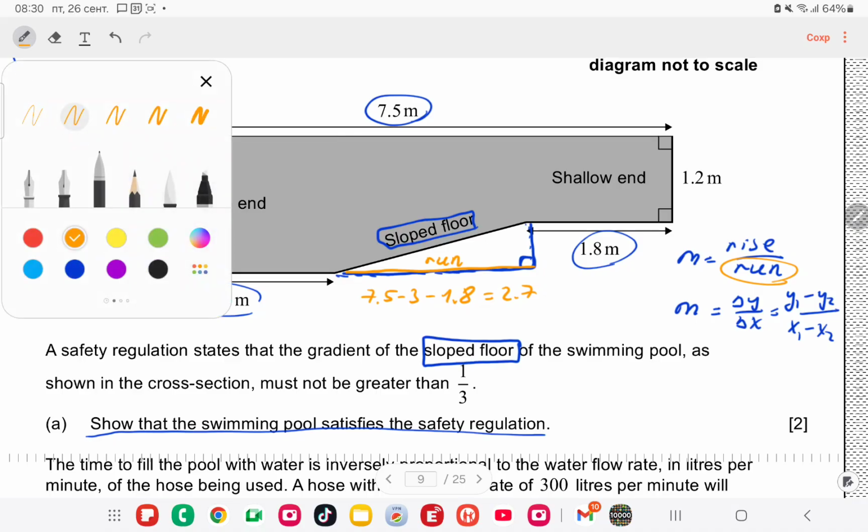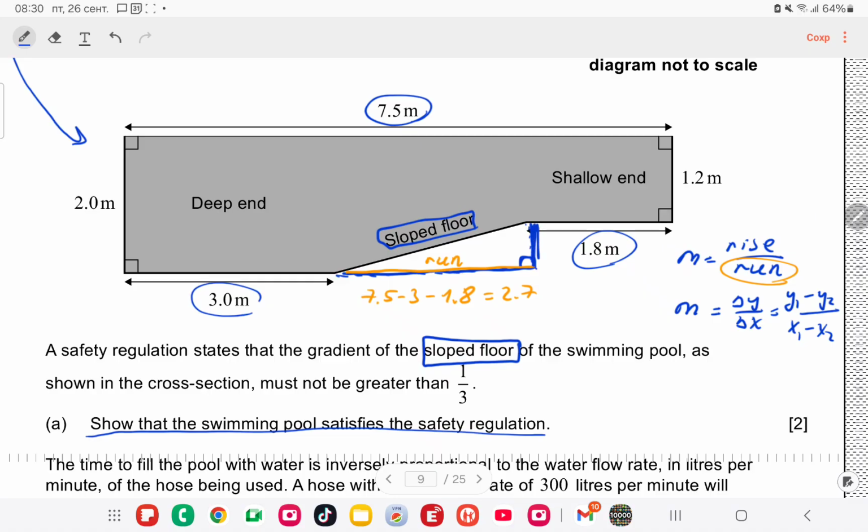And how to find the rise? We do the same thing. From these 2 meters, we subtract 1.2. So it is 2 minus 1.2, which is 0.8.